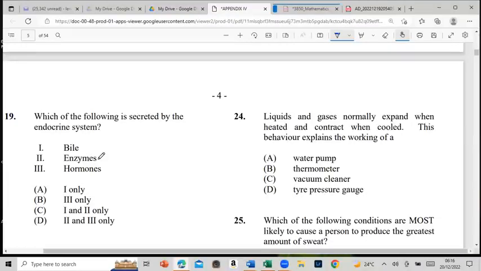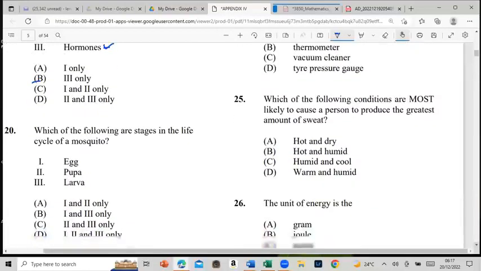So that is the hormones. So for 19, I'm gonna go 3 only. Alright, guys, ensure that you read the questions carefully and understand what they're asking.